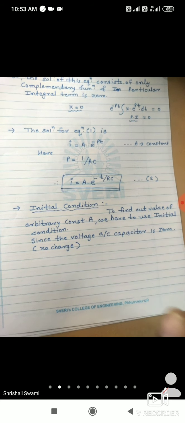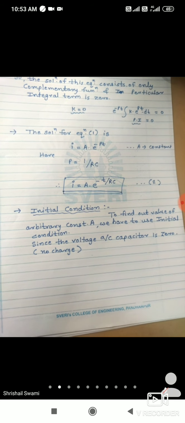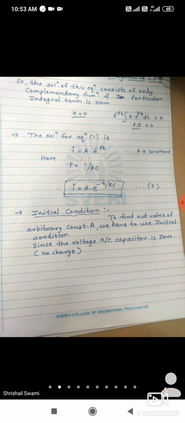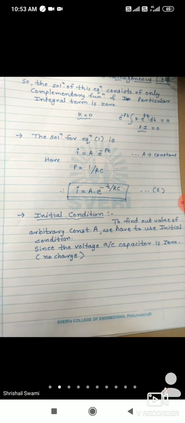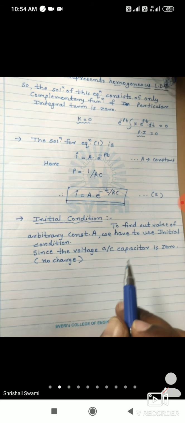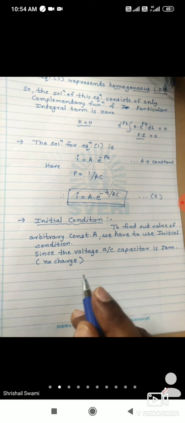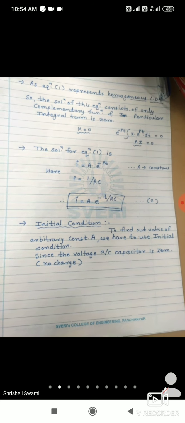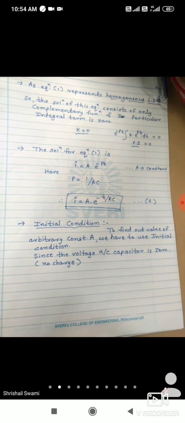I am asking this fundamental question. Please give me a reply. The voltage across the capacitor is 0, which means it is shorted. So in a short path, is the current maximum or minimum? No one is giving an answer.